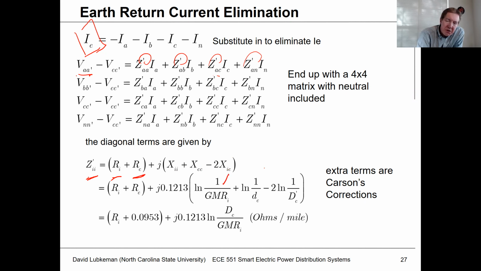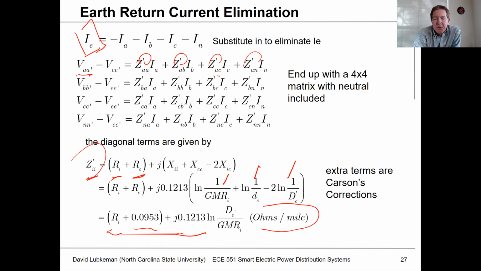And if you substitute in for these log terms, what you end up with is that this self-impedance term with the prime on it is the actual conductor resistance plus the earth resistance plus J.1213 times the natural log of DE over GMR for conductor I. And this is going to be in terms of ohms per mile.